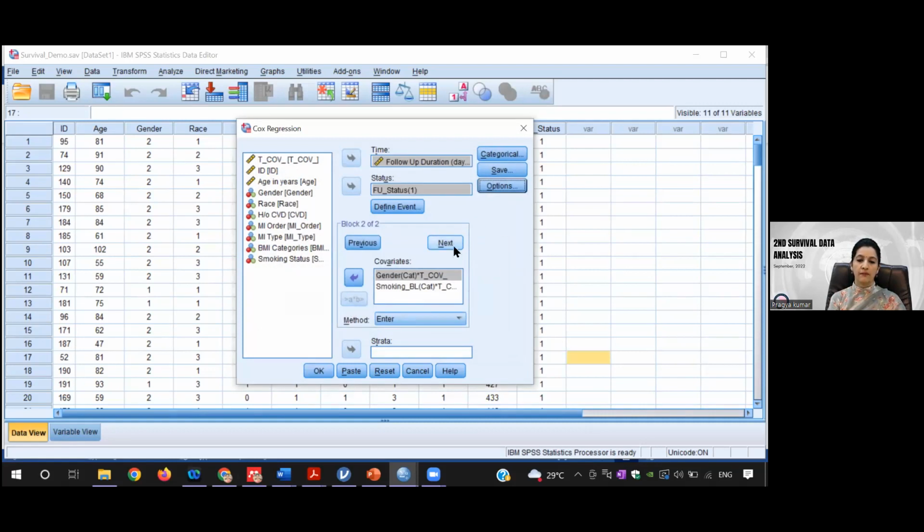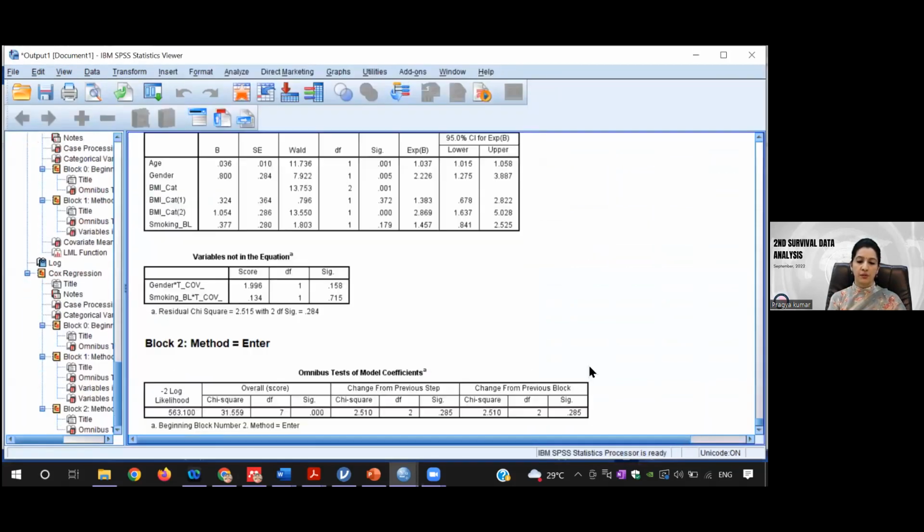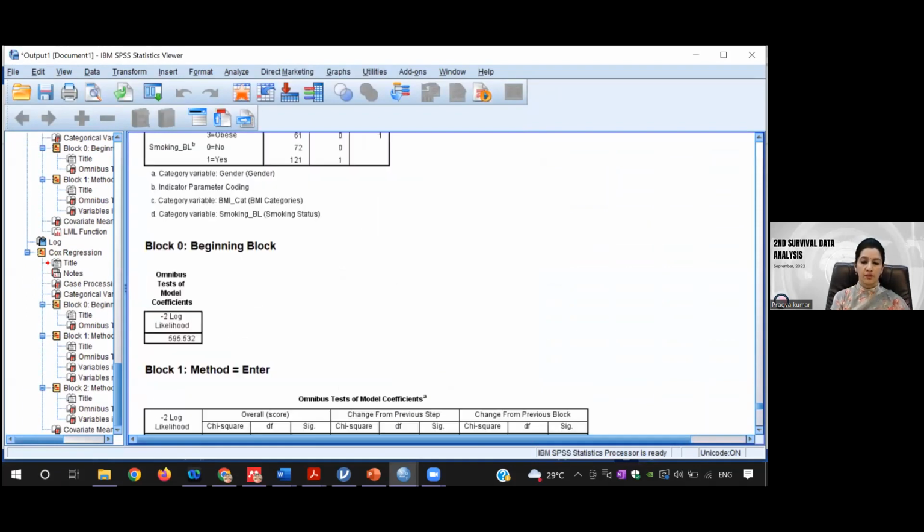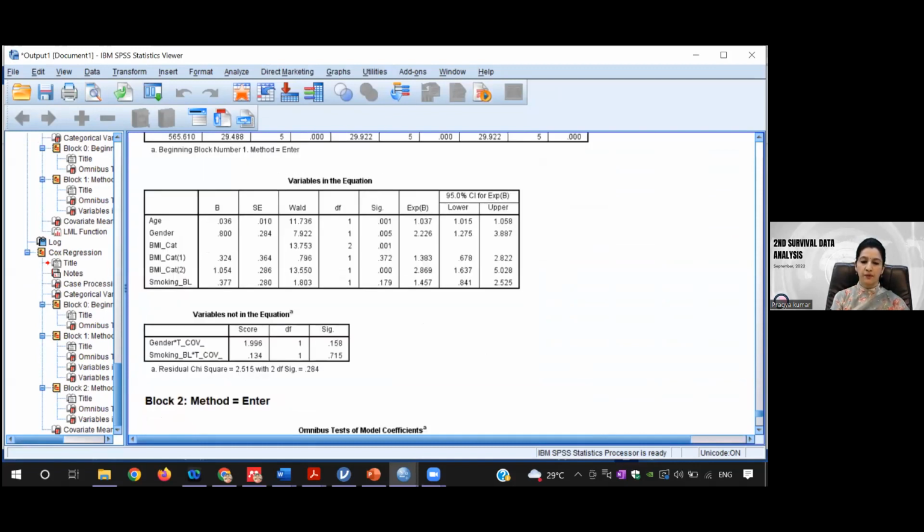So I have used next and previous. Okay. So when you click this, now it will give you the 2 models. It gives you the beginning block. Again, it is the same -2 log likelihood which we have seen. And this gives you only the first variable, because we have used a block.